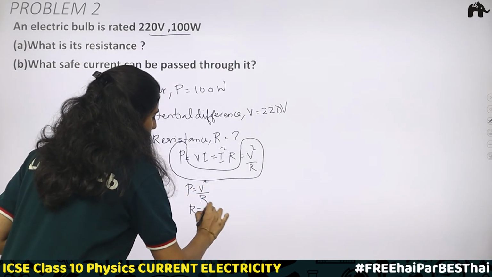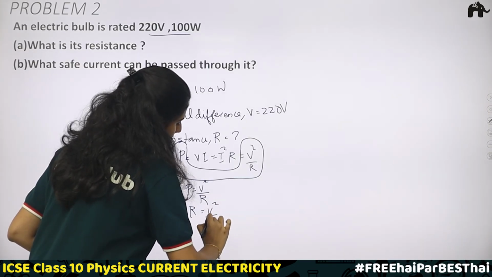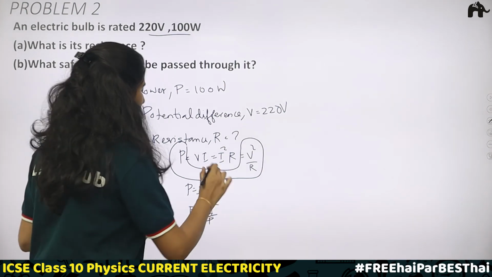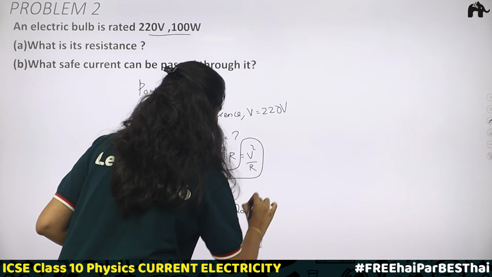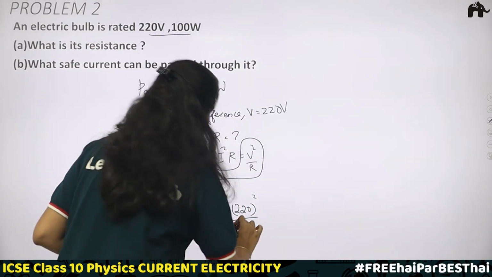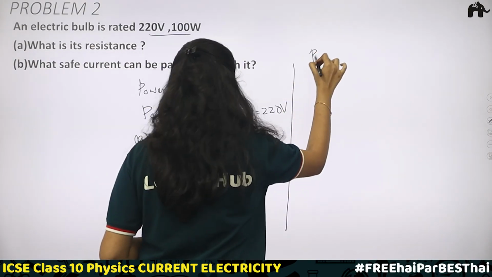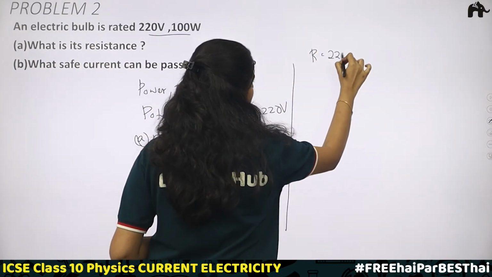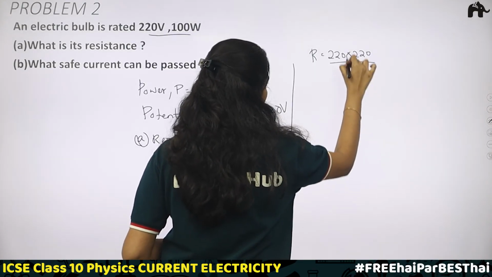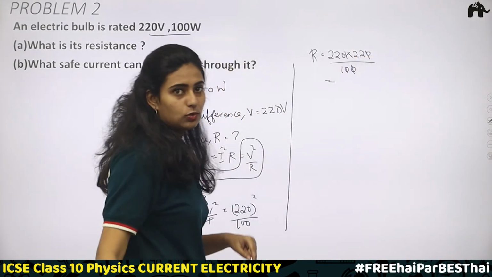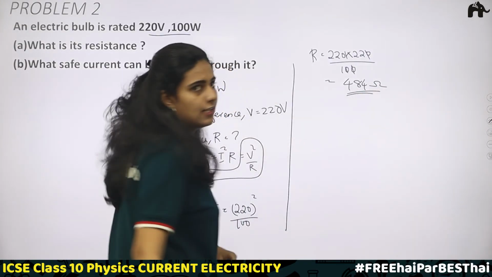Resistance will be equal to V square divided by P. Put the values. V is 220 square divided by power 100. Therefore resistance R will be equal to 220 into 220 divided by 100, cancelling zeros, 22 into 22, which is 484. 484 ohm is the resistance value.